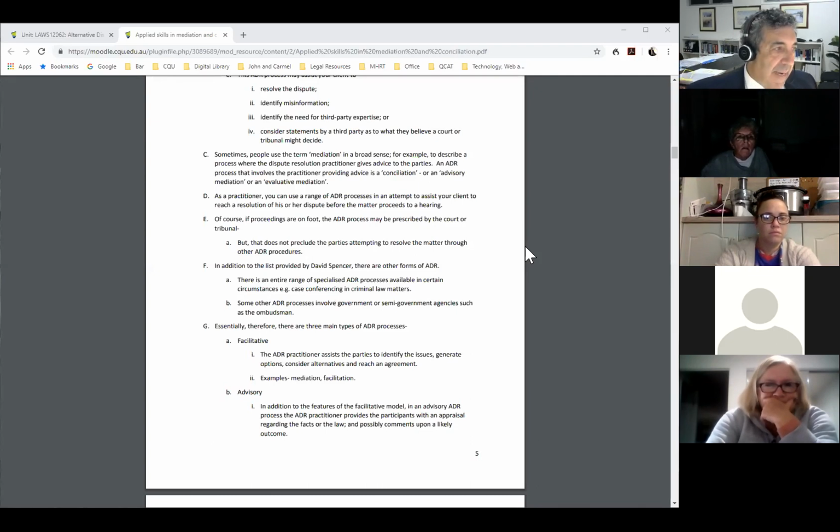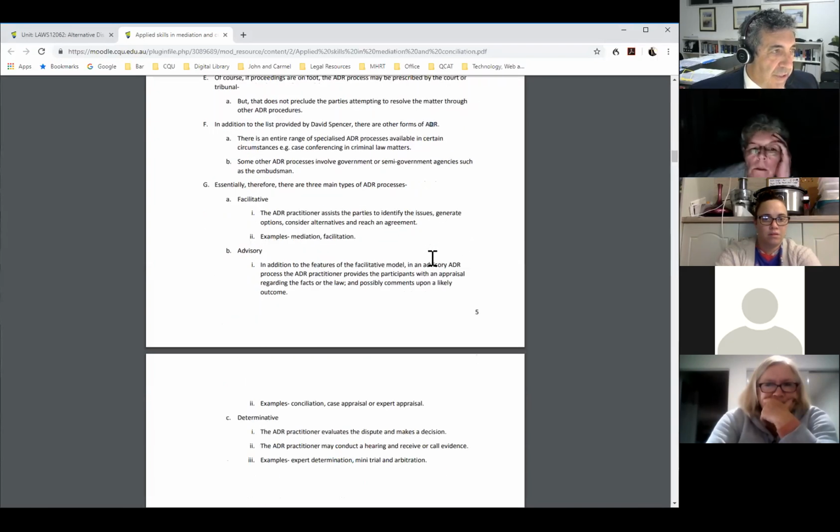But there are 3 basic types of ADR process. The first is to facilitate, where the ADR practitioner assists the parties to identify the issues, generate options, consider alternatives, and reach an agreement. So examples of that would be mediation and facilitation.